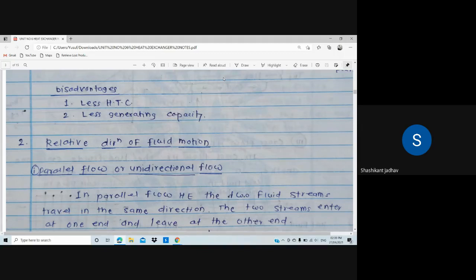Disadvantages, write down. First disadvantage, that is less heat transfer coefficient.